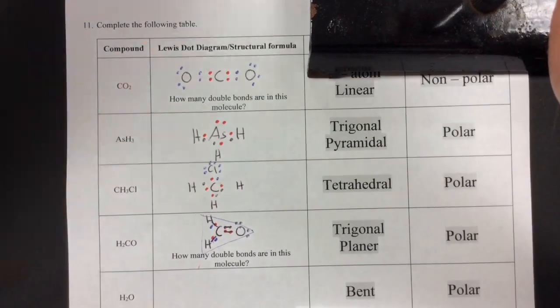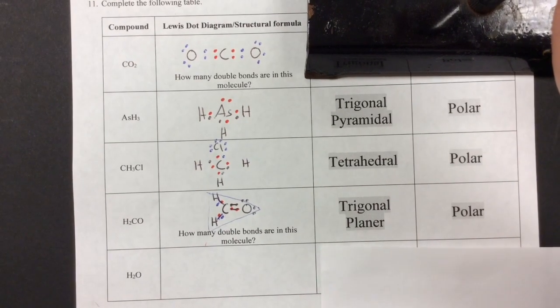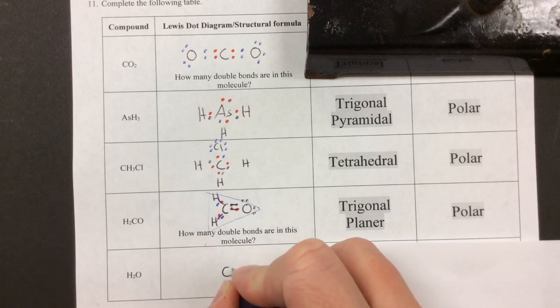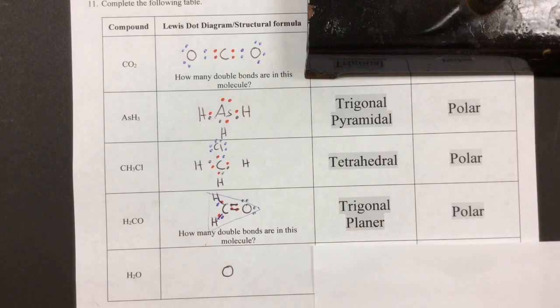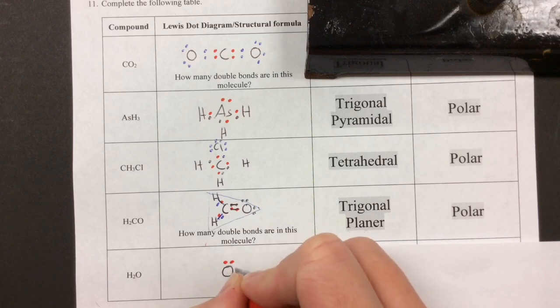Next one on this page is water. We don't have carbon in this particular compound, so we take our most electronegative element, which is going to be oxygen, and we put it in the middle of our compound. So we're going to put oxygen here with its 6 valence electrons.